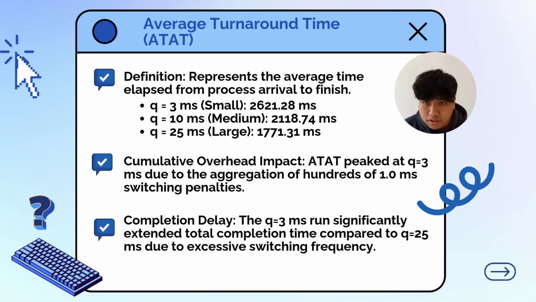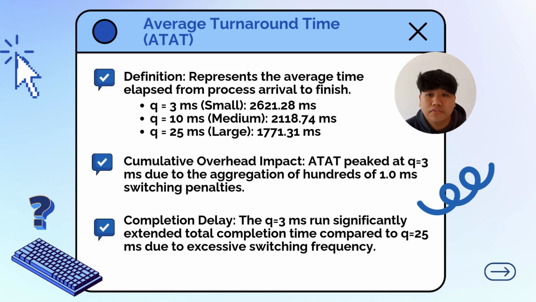Why did this happen? It comes down to cumulative overhead impact, because the 3 millisecond quantum forced the CPU to switch context constantly. We are paying that 1.0 millisecond penalty hundreds of times. This creates a computation delay.